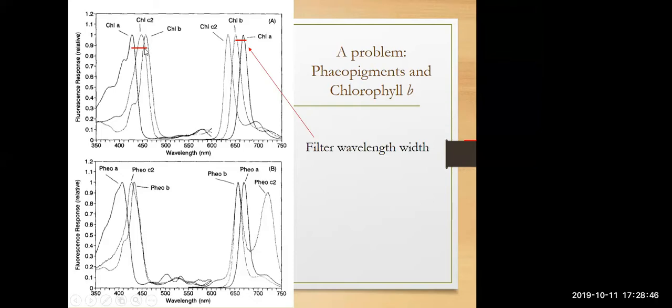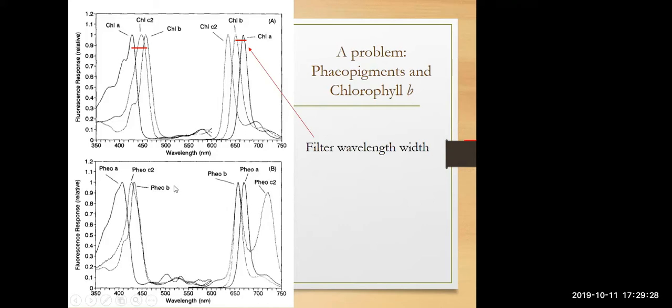That means that the blue filter is not only exciting chlorophyll-a, but also chlorophyll C and chlorophyll B. On this side, when we are measuring fluorescence emission, this is the width of the filter, and that means that when the equipment is measuring fluorescence emission, it is not only detecting the emission by chlorophyll-a, but also by chlorophyll B.